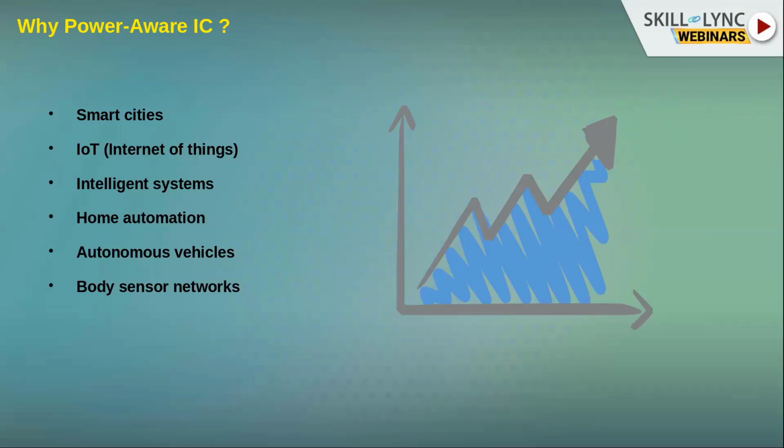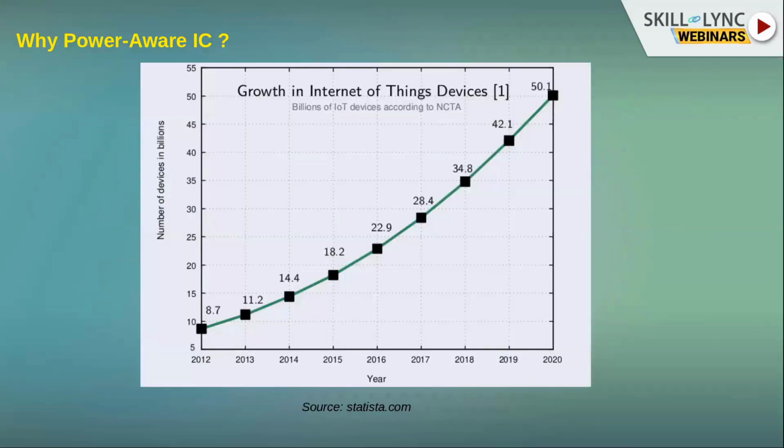If your sensor is running on a battery, and you see the number here, it's around 50 billion devices everywhere, and it's still rising. So where do you go for batteries for all these devices? All these batteries are adding to environmental pollution, and it's also difficult to maintain and replace all these batteries in a regular fashion.